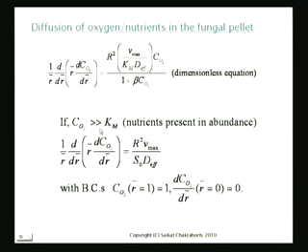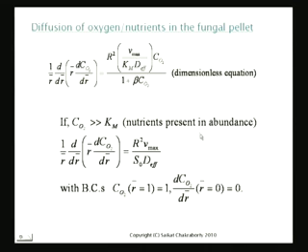Now, the assumption here is that oxygen is much greater than Km, which is a very reasonable assumption, because if you want to grow something, or fungus is growing, for example, oxygen is typically in abundance as compared to the Km. So that's a very straightforward assumption.